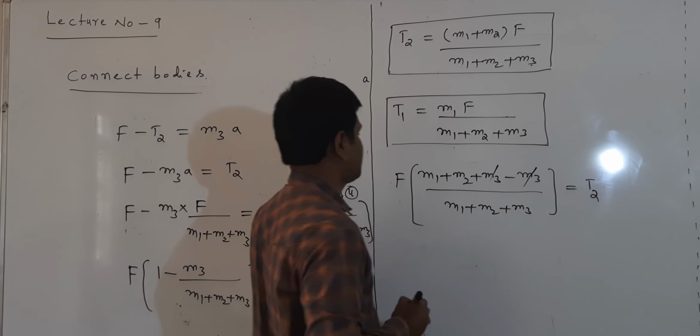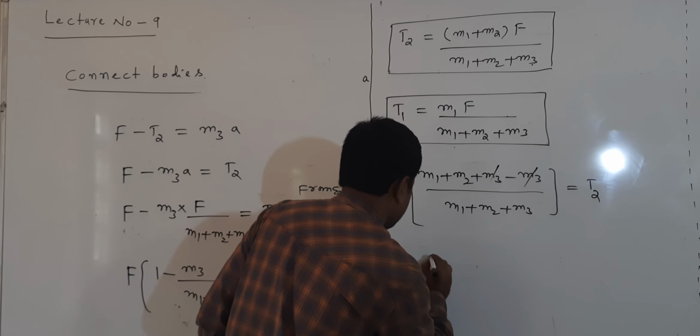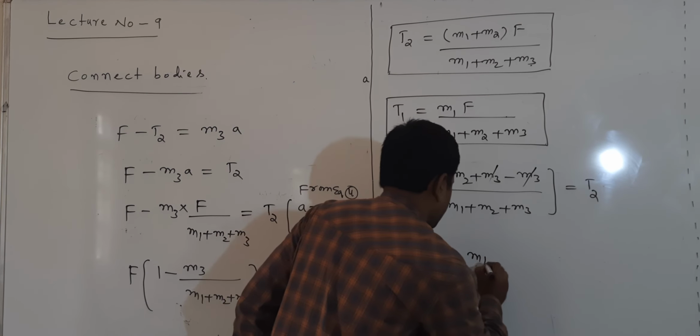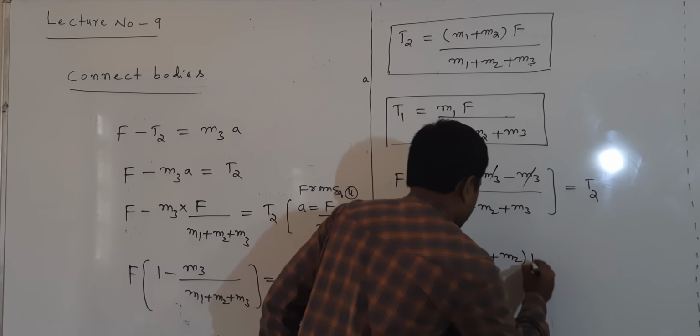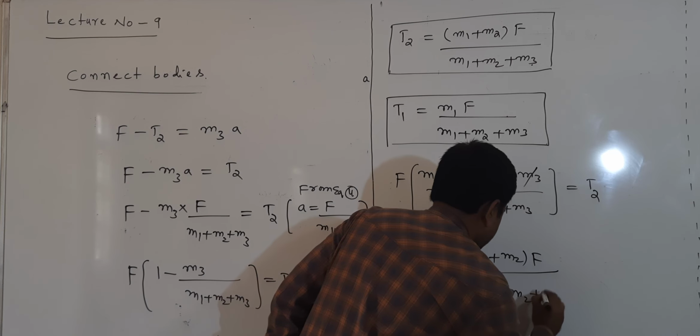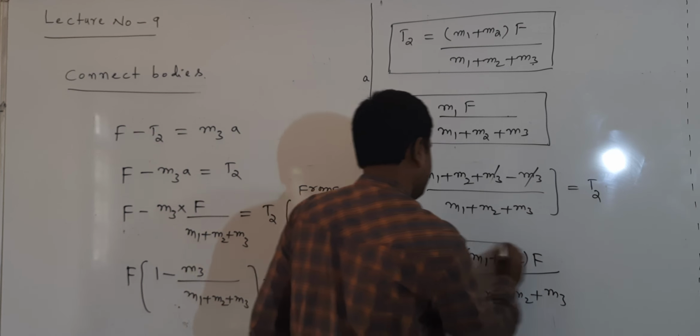Here M3 and M3 cancel. The remaining is T2 is equal to (M1 plus M2) into F by (M1 plus M2 plus M3). We get the same tension.